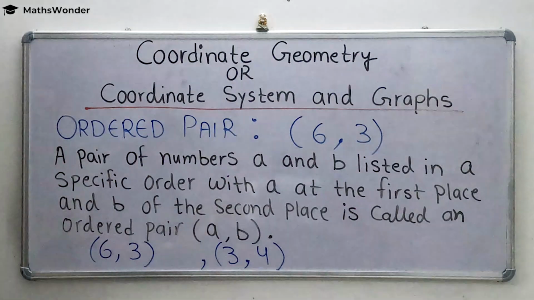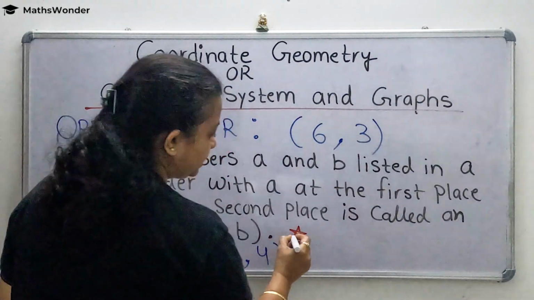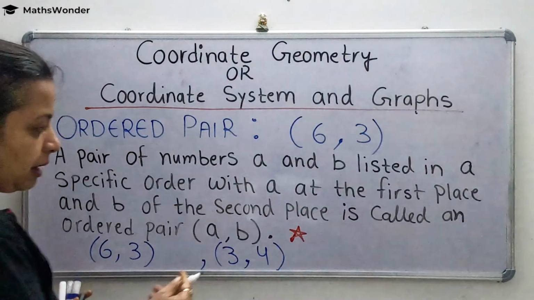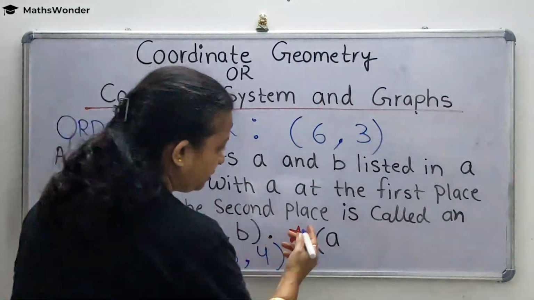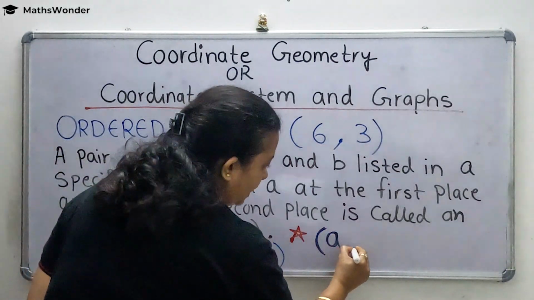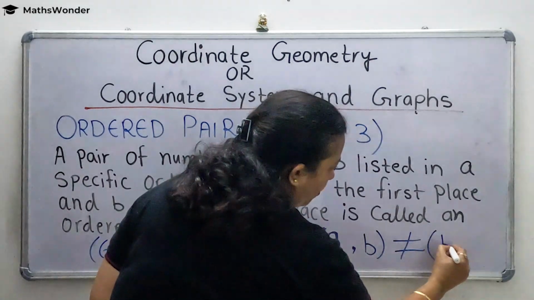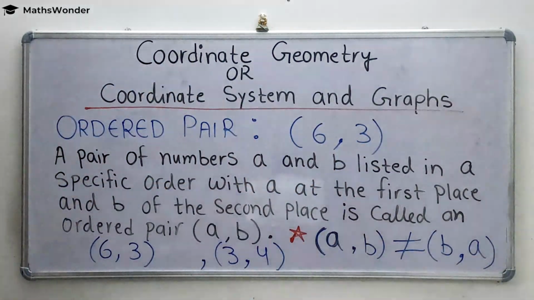Now, a very important thing here, please note down with a star mark. A comma B means ordered pair. A comma B, you can't write it as B comma A. An ordered pair is always in the same sequence when we use it in questions.